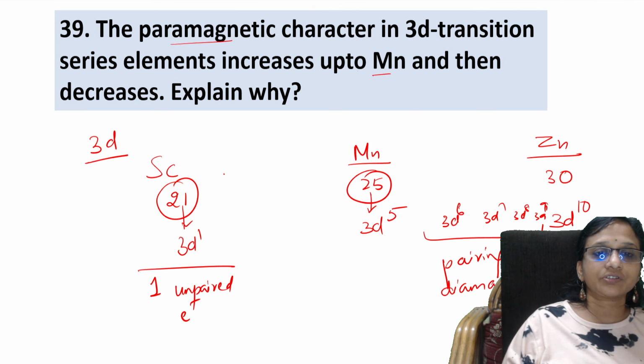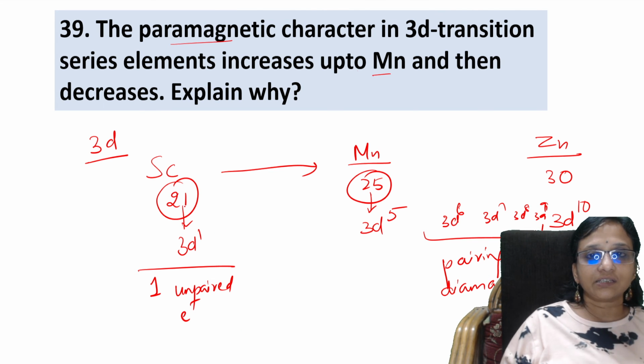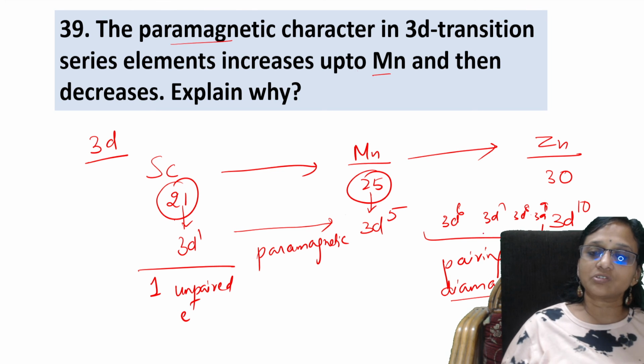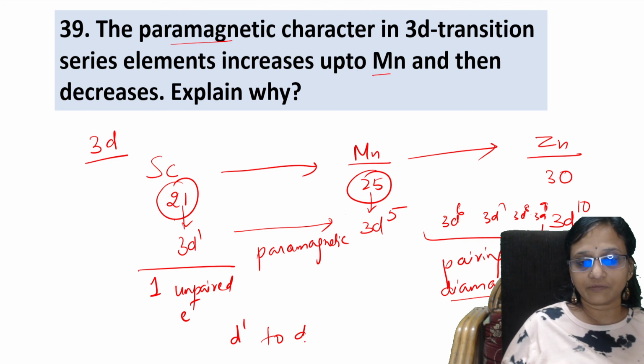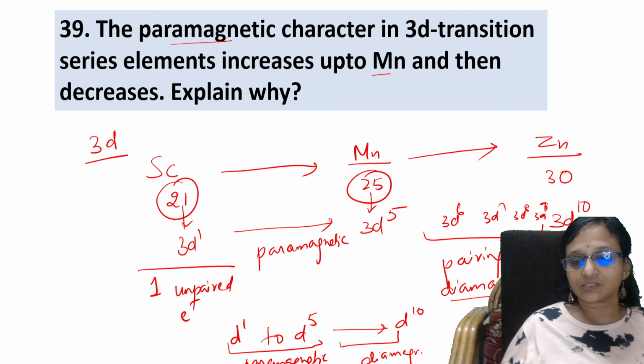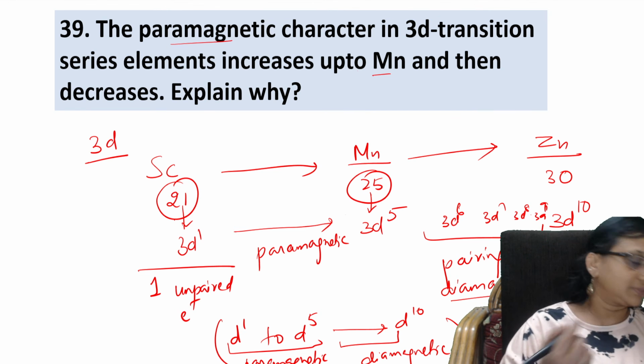So what I am trying to tell you is, in the 3d series, from here till here, the paramagnetic property is because of unpaired electrons. From here till here, it is diamagnetic property because of pairing. So simple, write it like that. So from d1 to d5, it is paramagnetic. d5 to d10, they are diamagnetic. Means diamagnetism starts. That is what you can write.